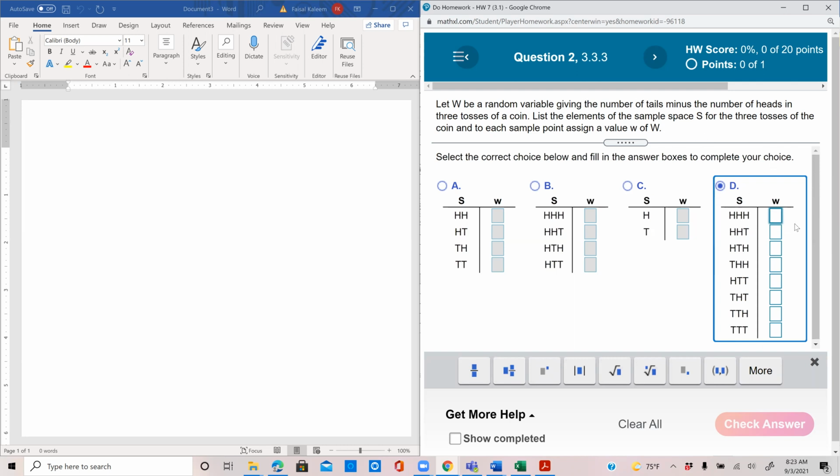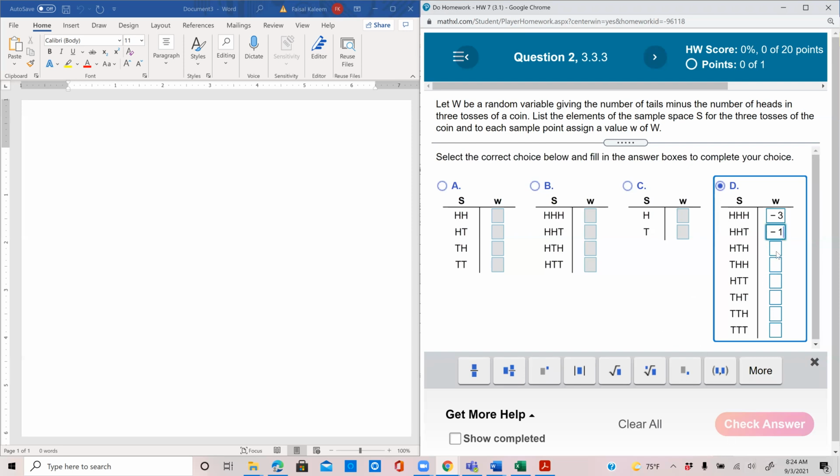So in this point, there are 0 tails minus 3 heads. So this would be -3. Similarly, here we have 1 tail minus 2 heads, so that would be -1.